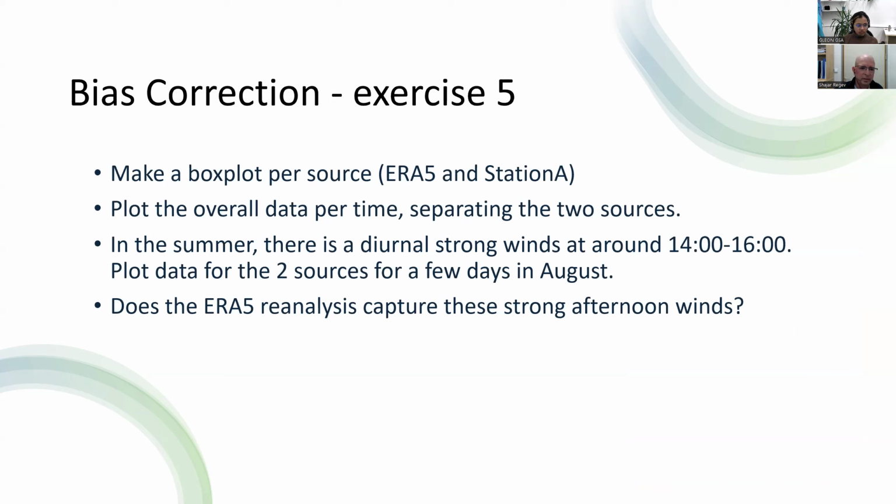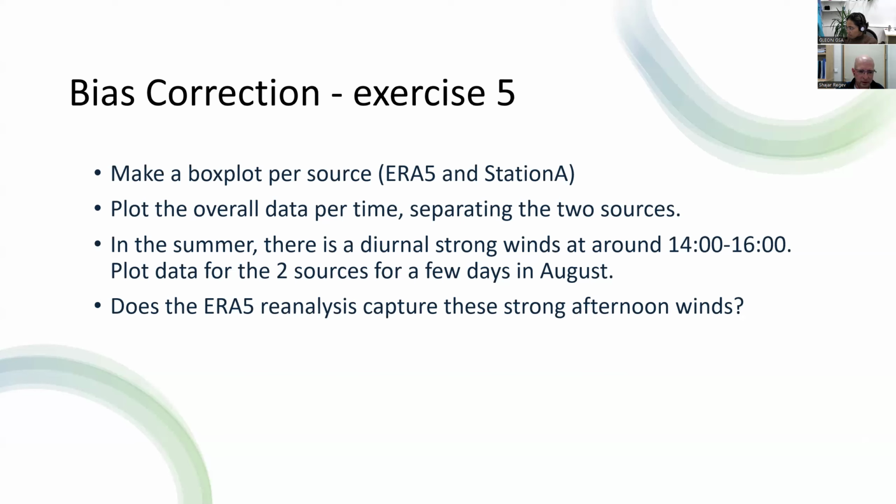Okay, so load the data, make a box plot per source, ERA 5 and Station A. You can plot the overall data per time, separating the two sources. And then, to make it easier, for the example I look at a specific time.